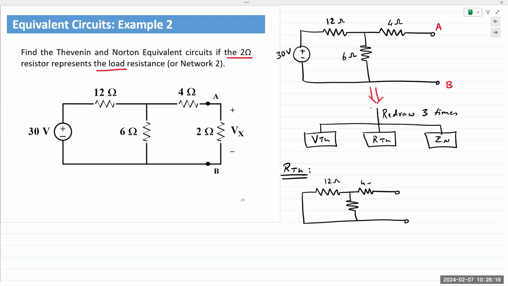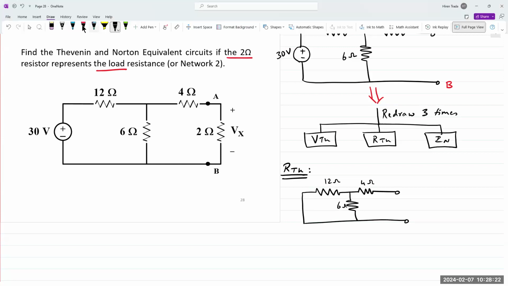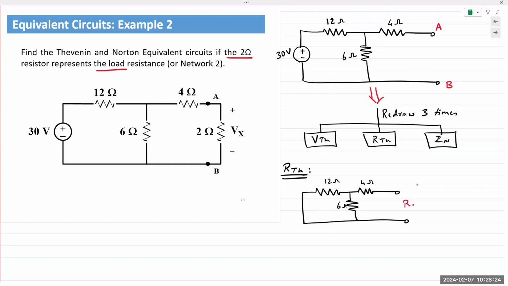12, 4, and 6. What is my REQ between A and B? Yes. 12 in parallel with 6, which would be in series with 4. And so we solve for that and we get 8 ohms.